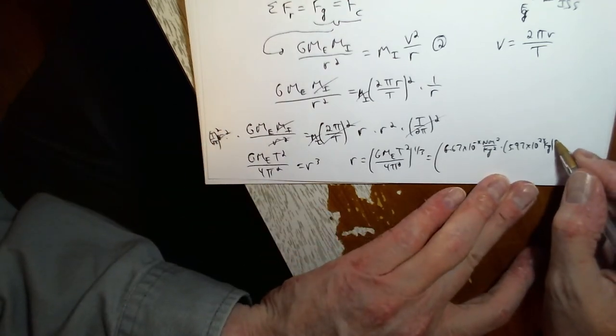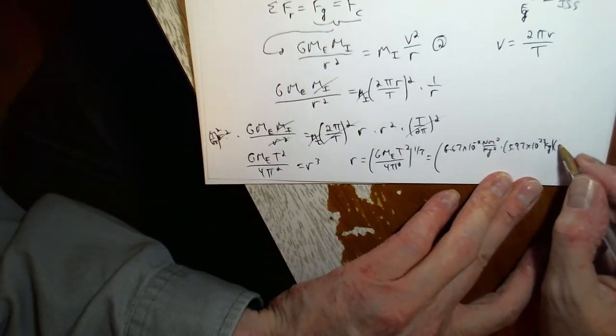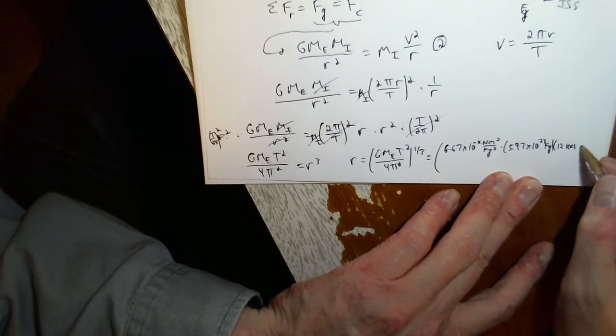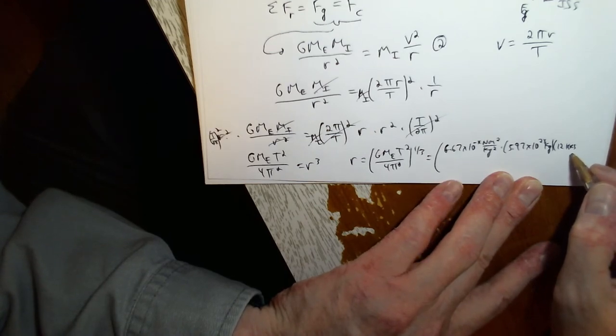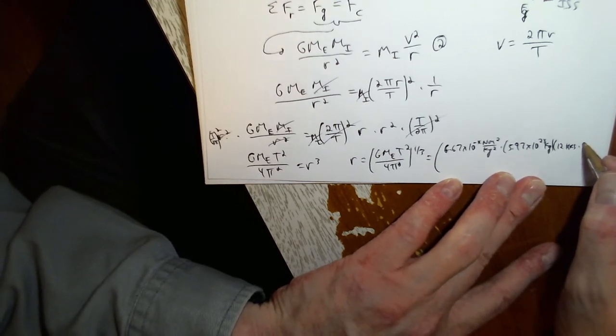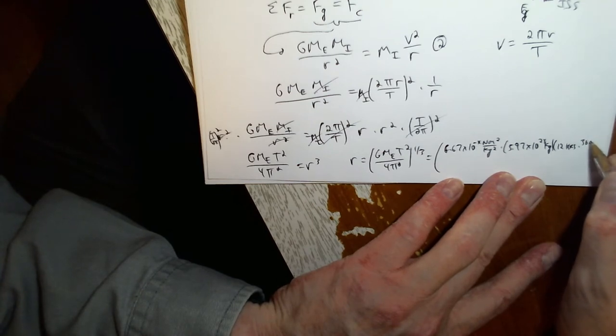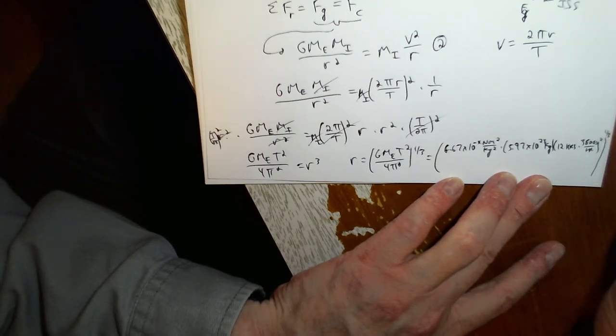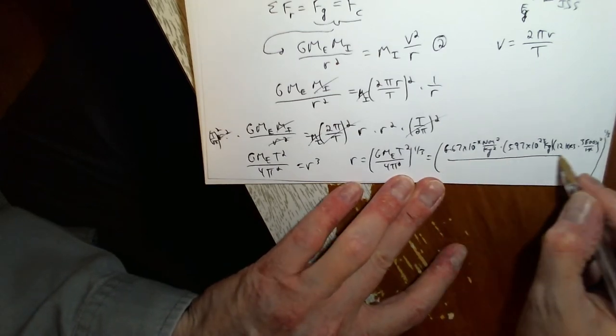The period is 12 hours times the number of seconds per hour. So it's 60 minutes times 60 seconds per hour, so 3,600 seconds per hour. And that is squared. The whole thing is to the 1/3, and divide that by 4 pi squared.